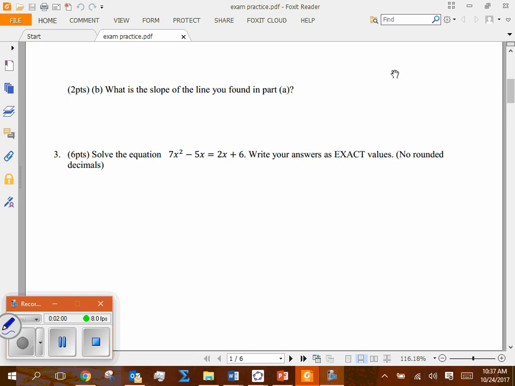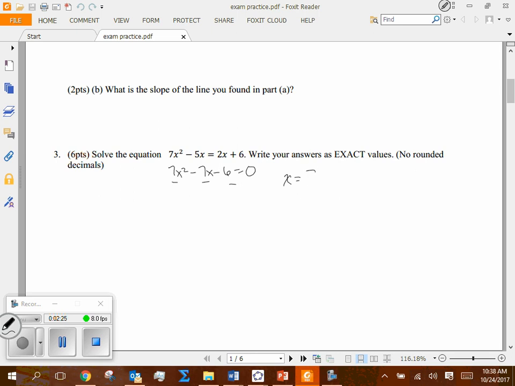Okay, this question here, they want you to go ahead and start factoring. So 7x squared minus 7x minus 6 is equal to 0. I could try factor by grouping, but I don't think that's going to work. So I'm just going to revert straight to, when these numbers are really ugly, the quadratic formula.